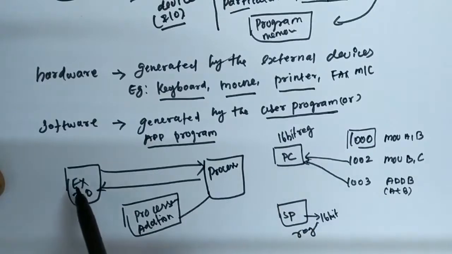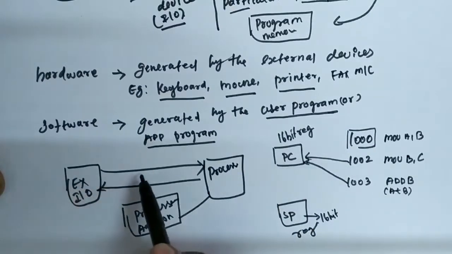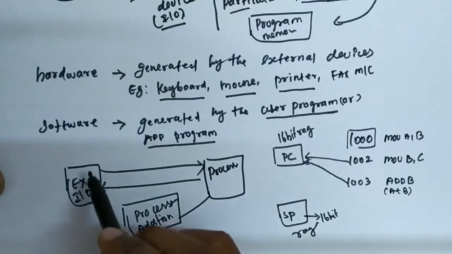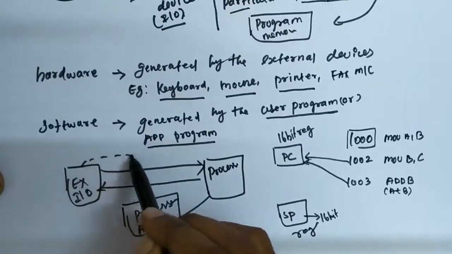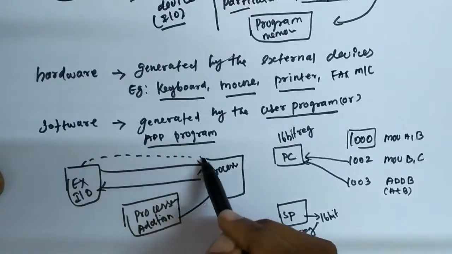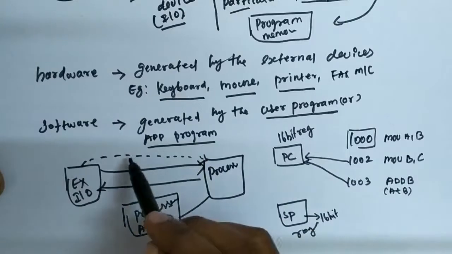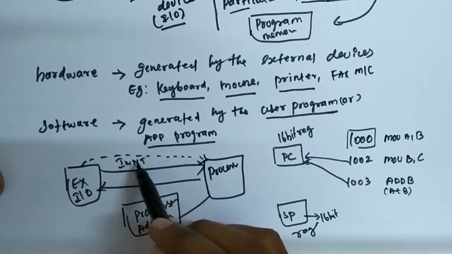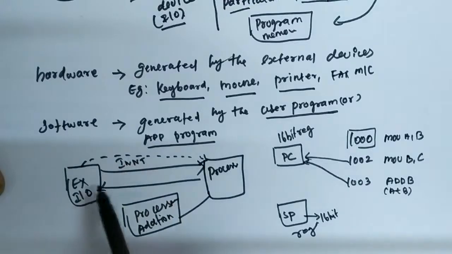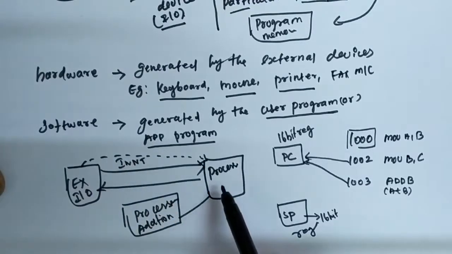Then on the external side, some malfunction is happening now. This external device sends an error signal, that is, an interrupt signal, to the processor, while the processor is currently executing the addition program.